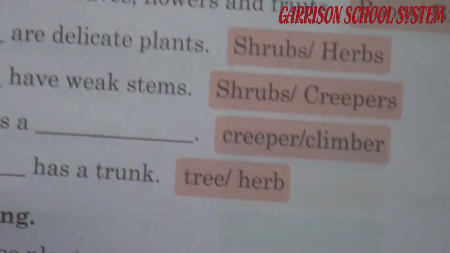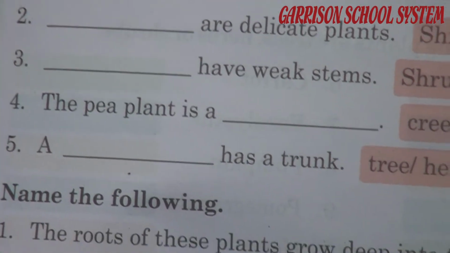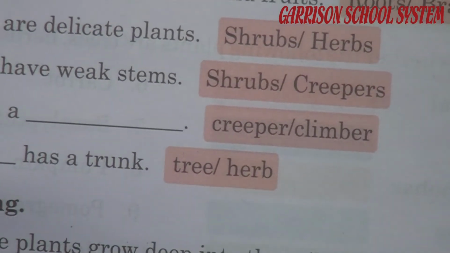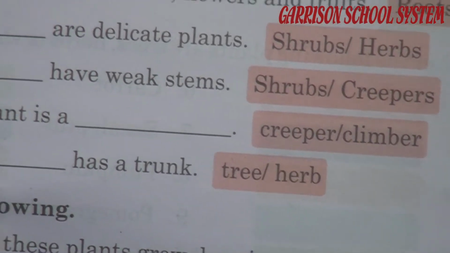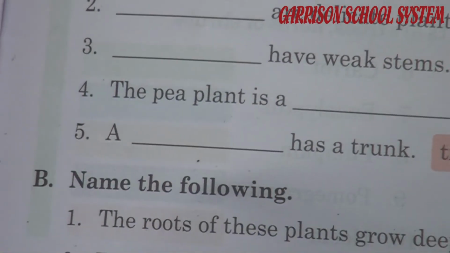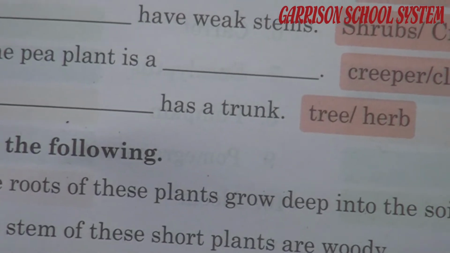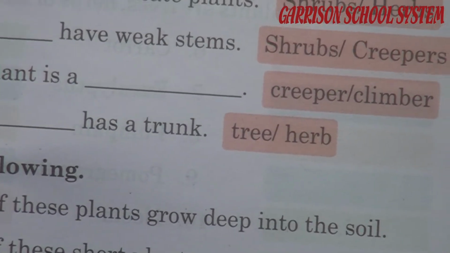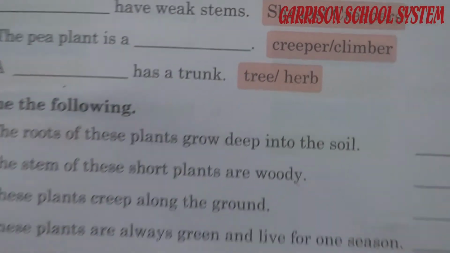C-R-E-E-P-E-R-S. Number 4, the pea plant is a dash. Creeper or climber? Climber. C-L-I-M-B-E-R. Number 5, a dash has a trunk. Tree or herb? Tree. T-R-E-E, tree.